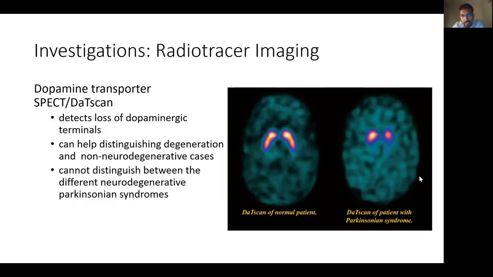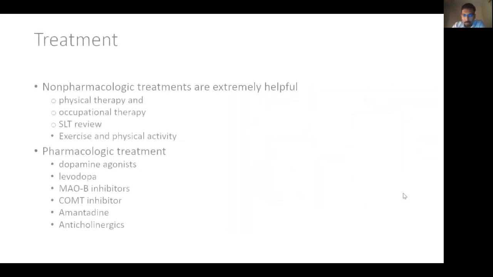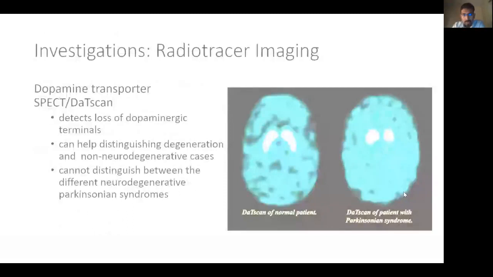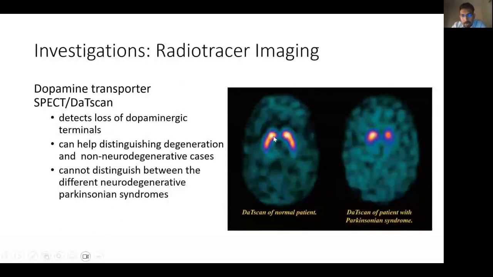In a normal person, if you focus on the left side, there are two comma-shaped things. So this is the normal one. On the right side, there is no more comma anymore, just a circle, because that bit is lost.